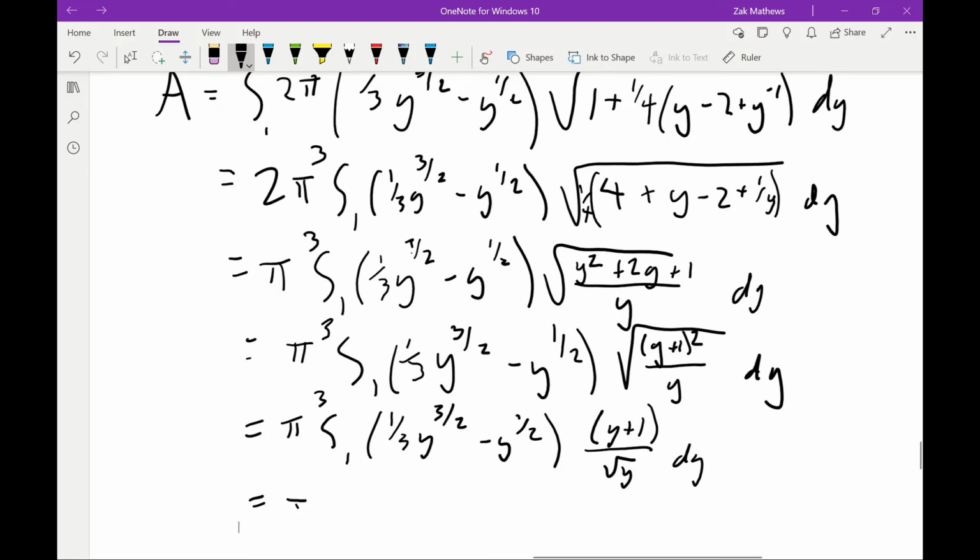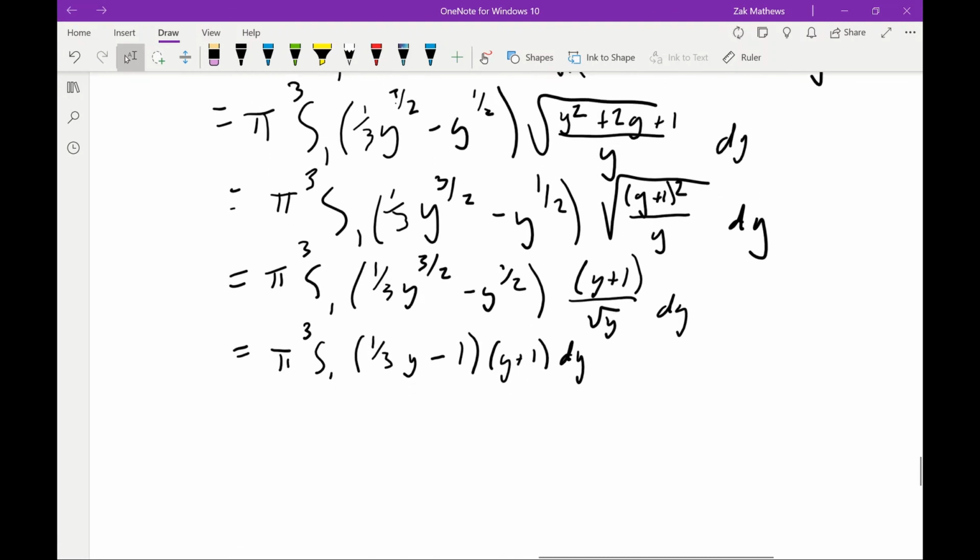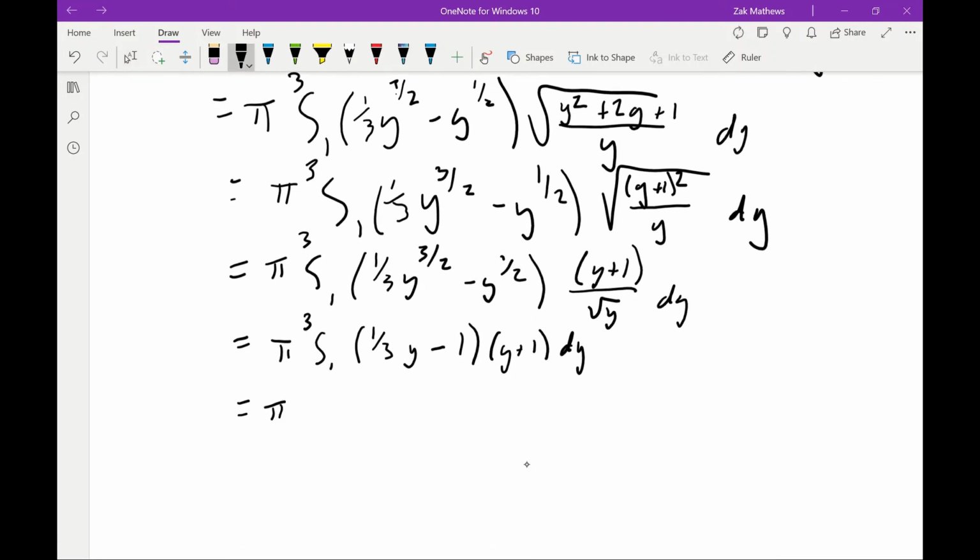So we can simplify now because we have independent factors, and we don't have a messy term under that square root. It's just a simple y. So I can divide both of these terms by the y to the 1/2 power. We'd have 1/3 y minus 1, times y plus 1, dy. And now our square roots are completely gone. It's turned into a very pretty looking problem.